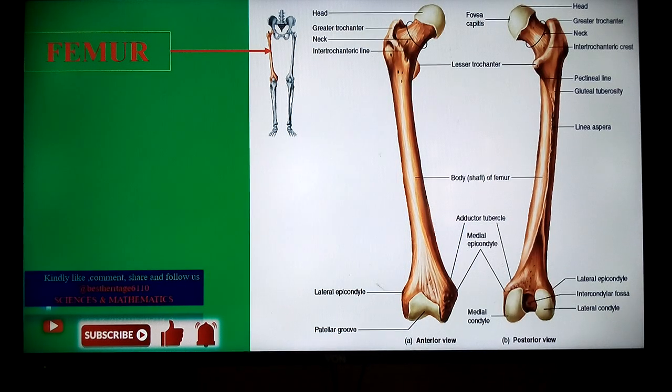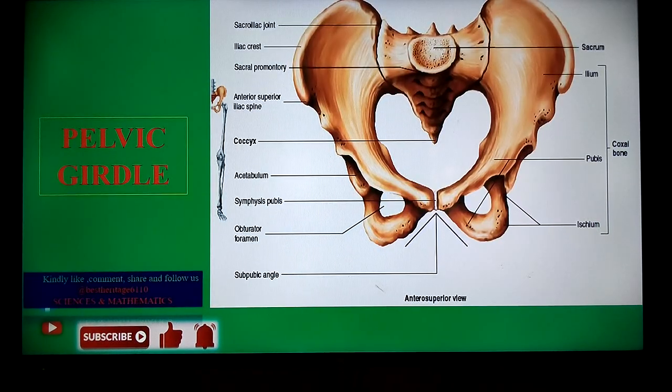So I'm going to look at an illustration, and this basically is going to be the illustration of the lower part of the skeletal system, which is the pelvic girdle. And this particular part that I'm trying to talk about is basically a bend that is found on the lower part of the anterior superior view of this pelvic girdle, which is known as the subpubic angle.